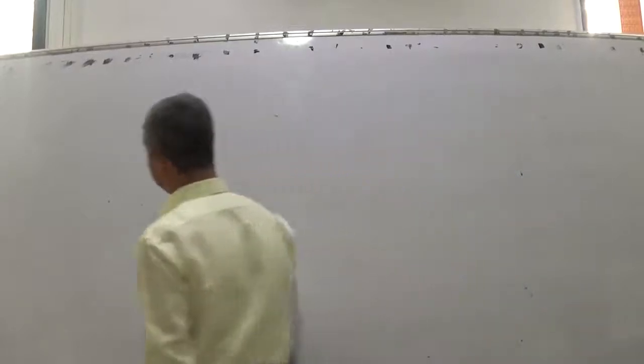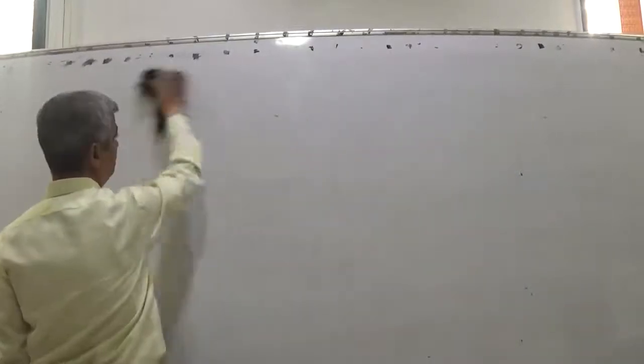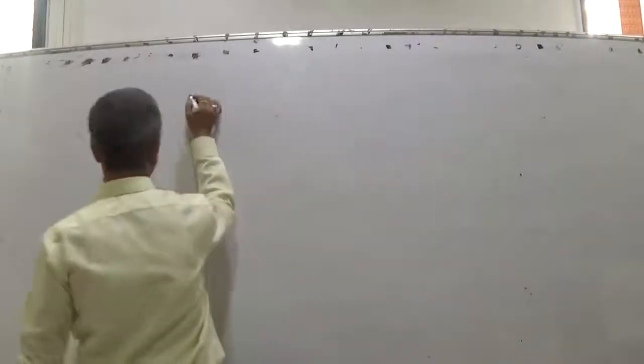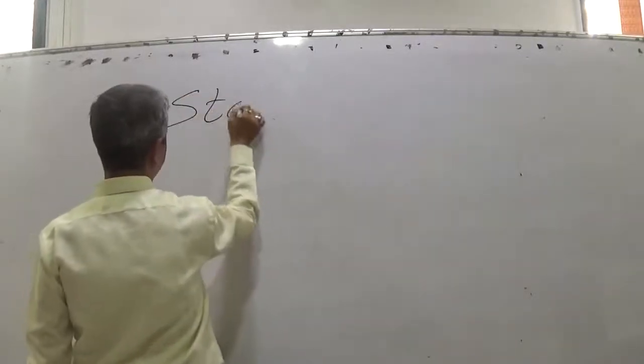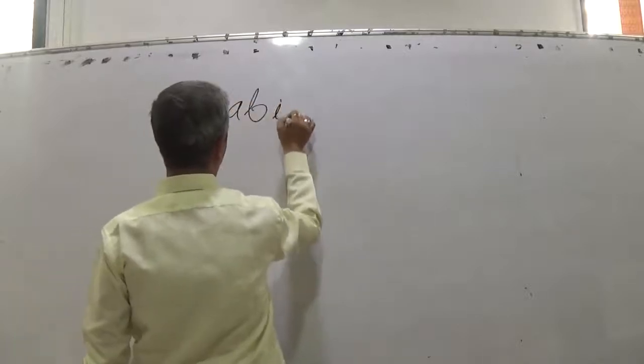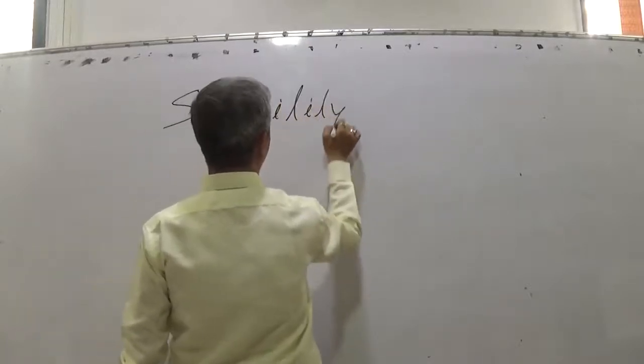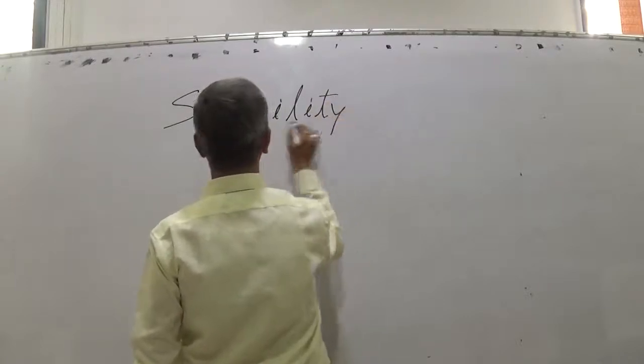After discussing these, the most important property we are going to discuss now is stability. Stability is a very important property, and we need to elaborate in detail for this property.